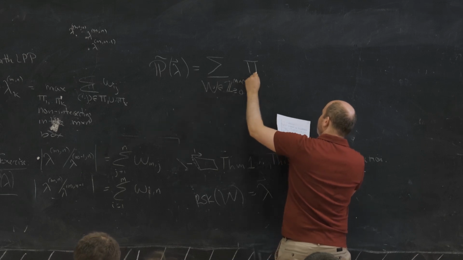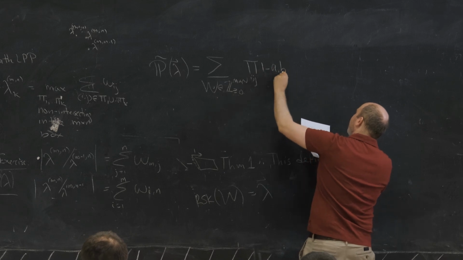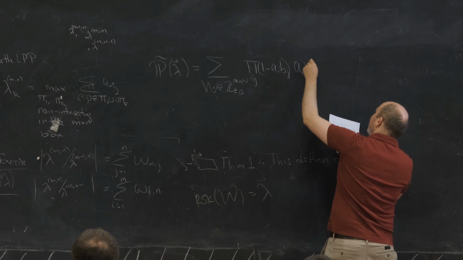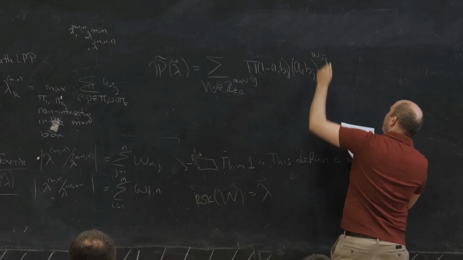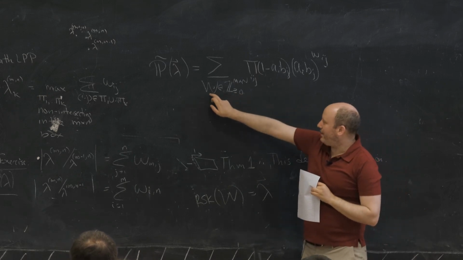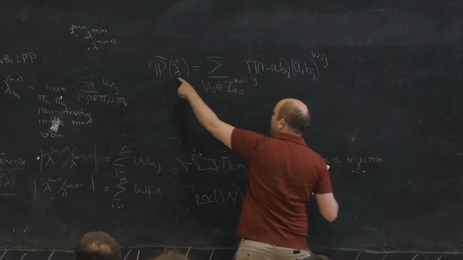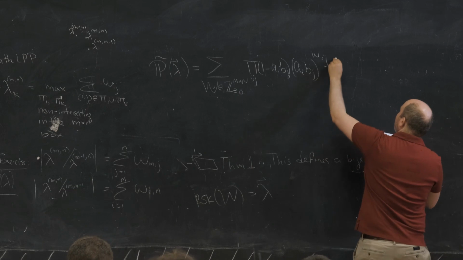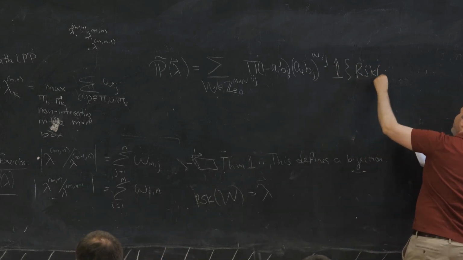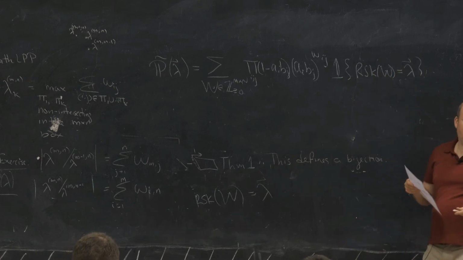So I take the product over ij, i goes up to m and j to n, of ai bj, these are the normalizations of geometrics, and then geometrics, ai bj to the wij. So this is simply the probability of seeing w as my weight matrix. And I sum over all such things. And now I'm computing the probability that my push forward is lambda. And so I'm going to write an indicator function that RSK of this weight matrix is equal to lambda. Okay, you with me?